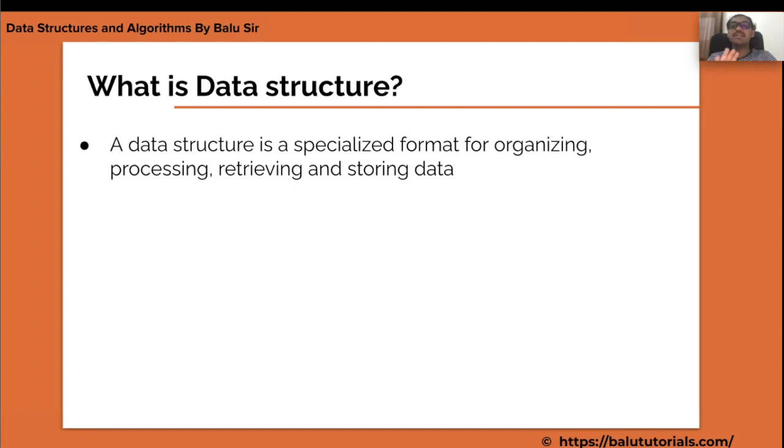So data structure is not a programming language. Data structure is something about the representation of the data, which can be applied across software technology. It's not related to C or C++.